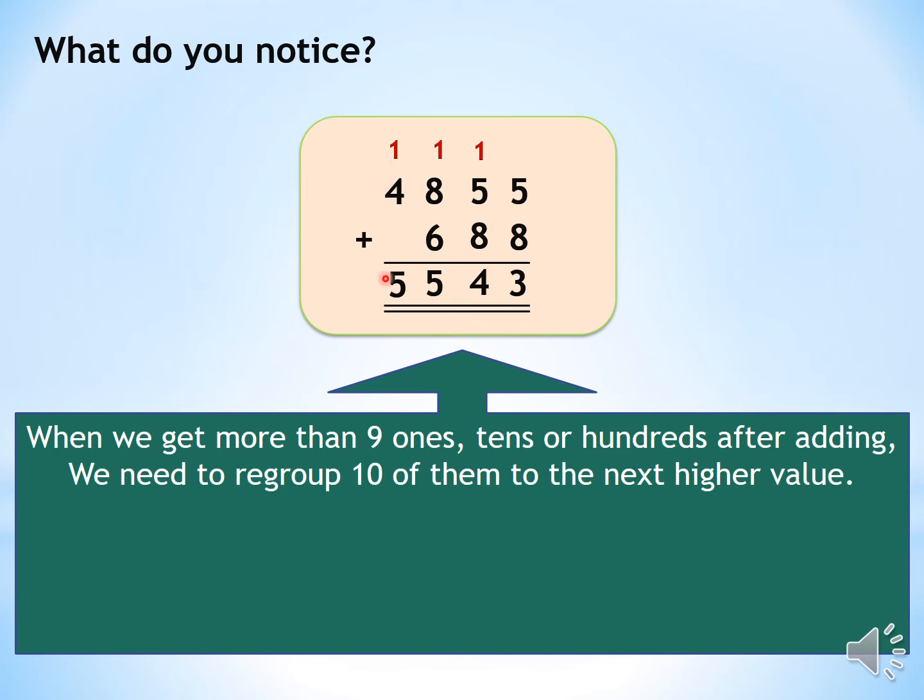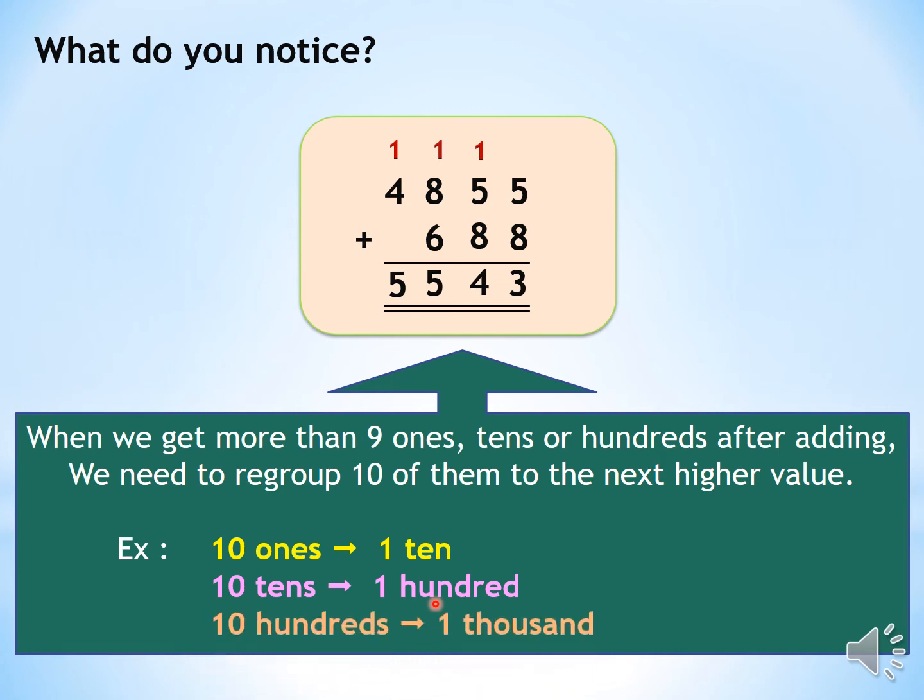So children, like that way, when we get more than 9 ones, tens or hundreds after adding, we need to regroup 10 of them to the next higher value. Example, if we get 10 ones, we regroup 1 ten on the other side. If we get 10 tens, then we regroup 100. If we get 10 hundreds, we regroup 1000.